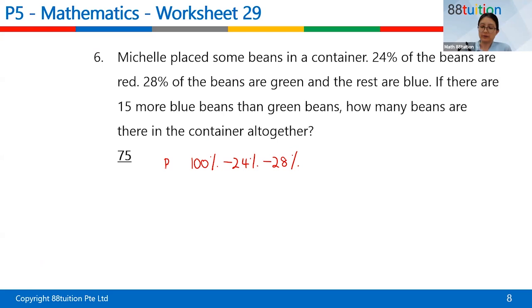So this is blue. Okay. If there are 15 more blue than green, green is 28%, right? So find the difference.